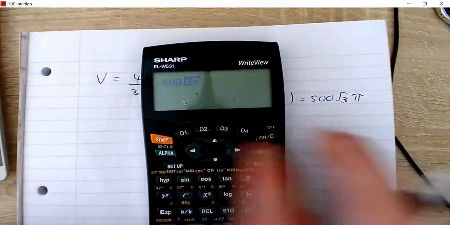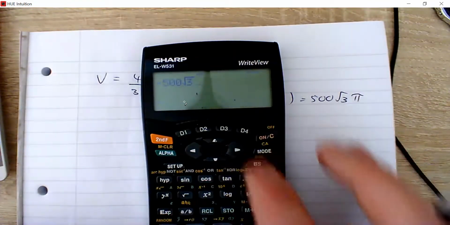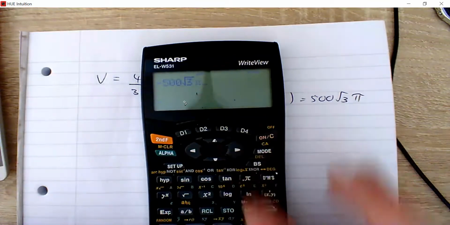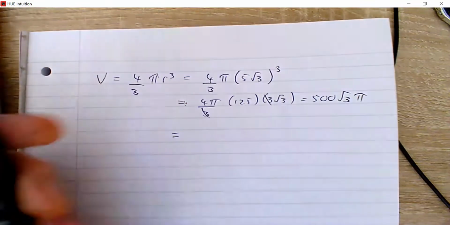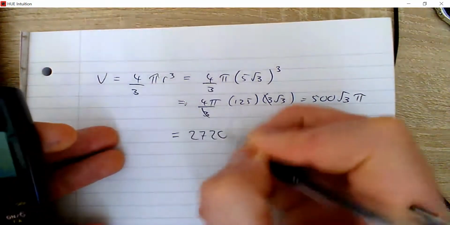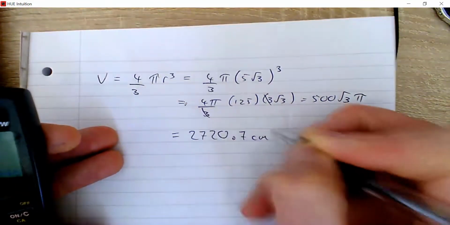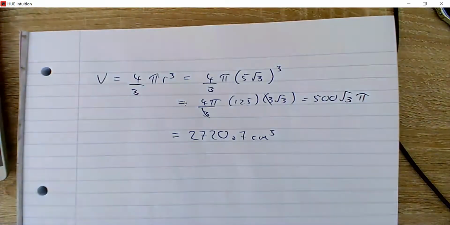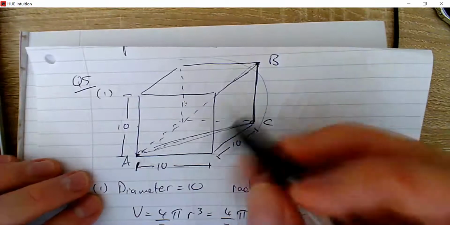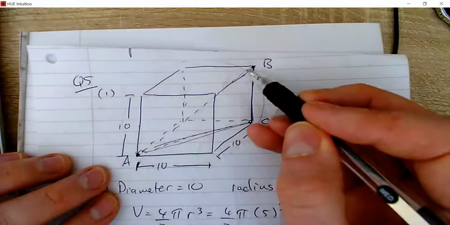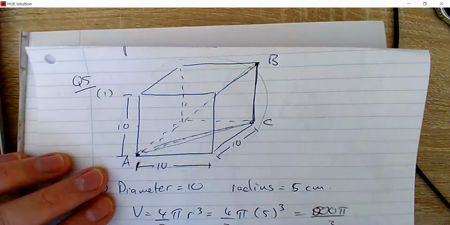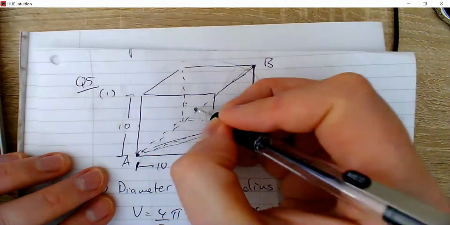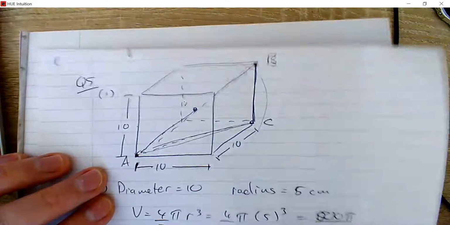I put it inside the third there. So pi, I want it outside the third. It's 2720.7 centimeters cubed. That's the volume of the smallest sphere that encloses this shape, that has a diameter from A to this point B, which is 10 root 3, and therefore it has a radius of 5 root 3.